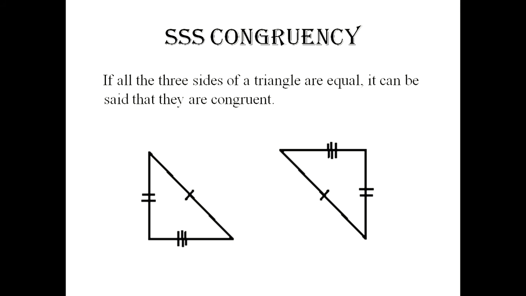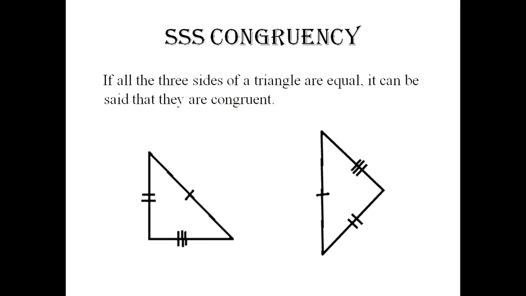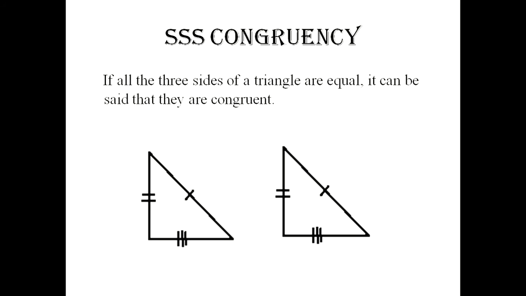One is reversed compared to the other, but the three corresponding sides are equal, because in both the diagrams, one side is marked with a single stroke, one side is marked with a double stroke, and the other side is marked with a triple stroke. So if I reverse the second triangle, we will see that both the triangles look similar. That is why they are congruent.